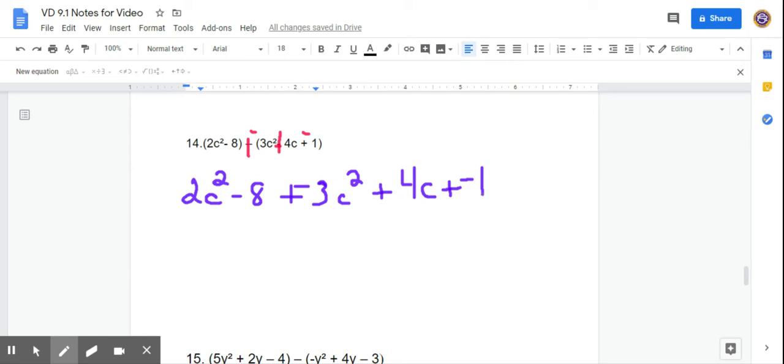Now you have to combine like terms. 2c squared and negative 3c squared is negative 1c squared. Now you have 4c, no other c's, so you just put the 4c. Now you have two constants. So you have a negative 8 and you have a negative 1. A negative 1 and a negative 8 is a negative 9.